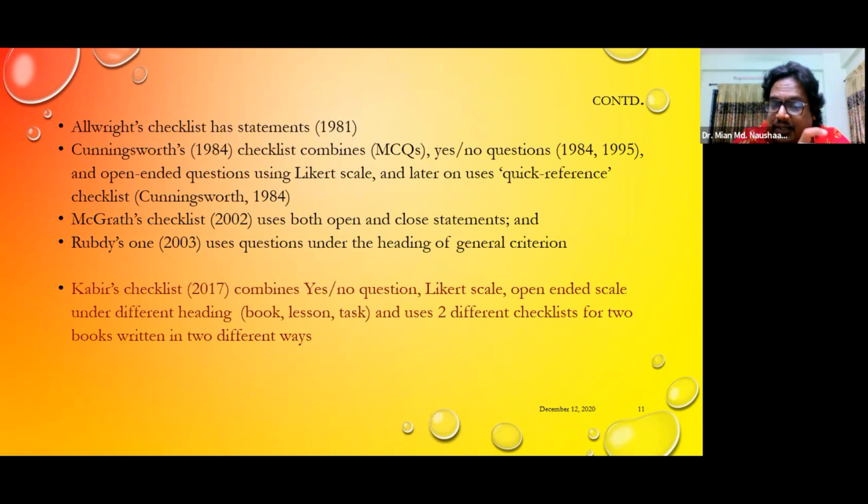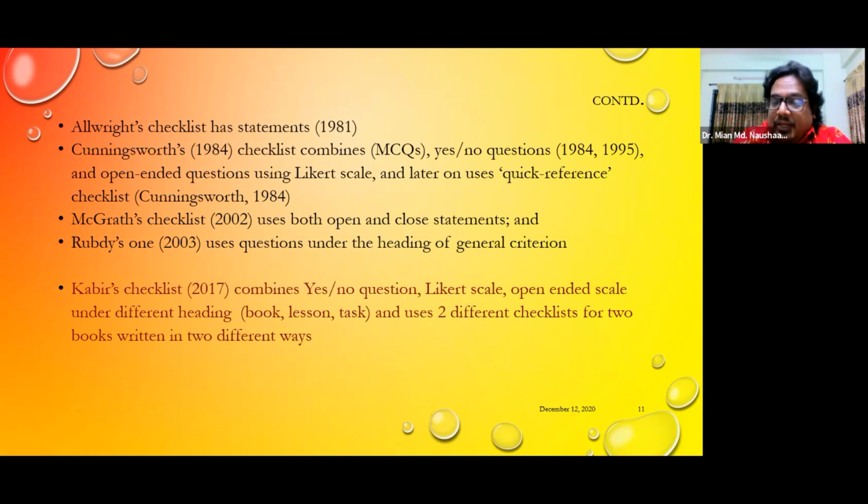It included some general characteristics of a book, then it narrowed down to the evaluation of a particular lesson, and then it further narrowed down to the evaluation of the tasks used in those lessons. And this entire process, the selection of the lessons and the tasks, was randomized. Only the book was fixed because it was offered by the government.